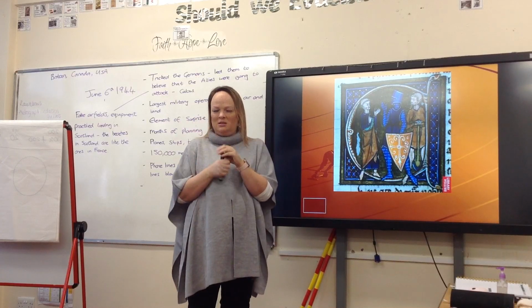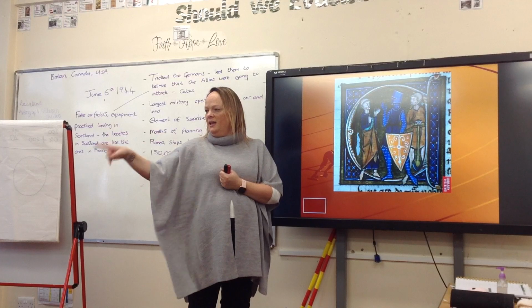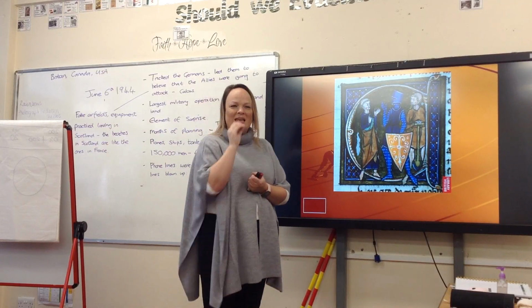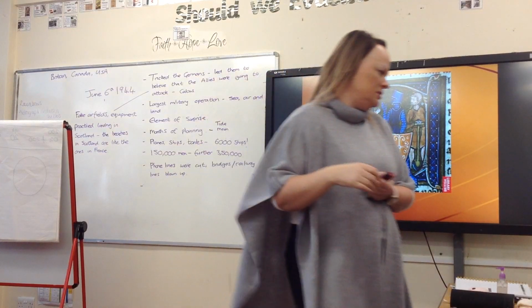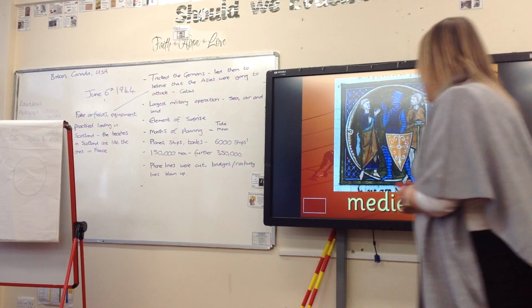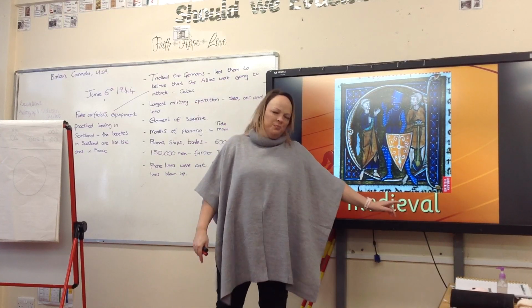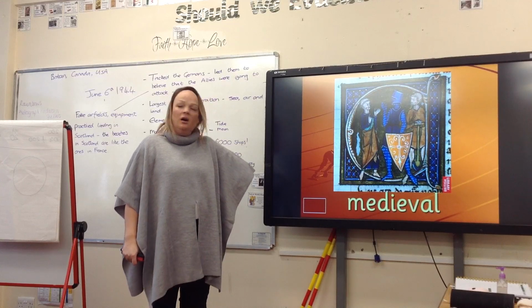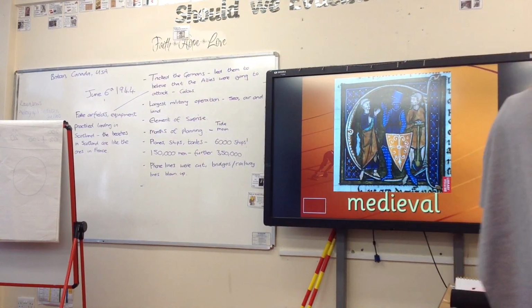It is a bit of a funny word to spell. I-E or E-I? I-E? We'll think I-E. Medieval. So in the middle there, that I-E is making that evil sound. Medieval. Yeah, let's have a look then. Although it does almost sound like the I has two drops. Evil. I-E. Medieval. So that period of time, medieval times.